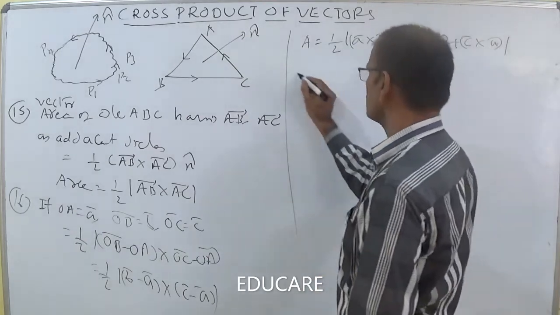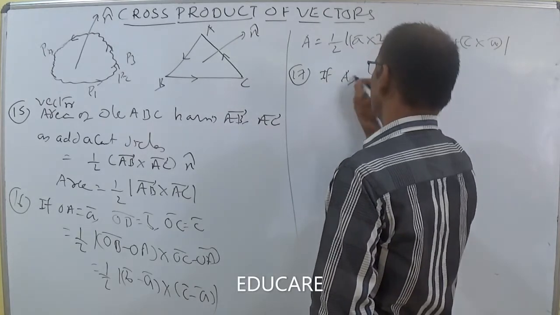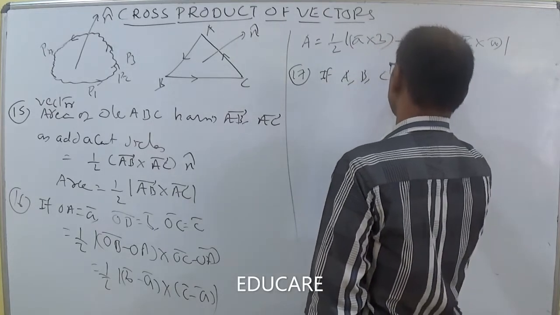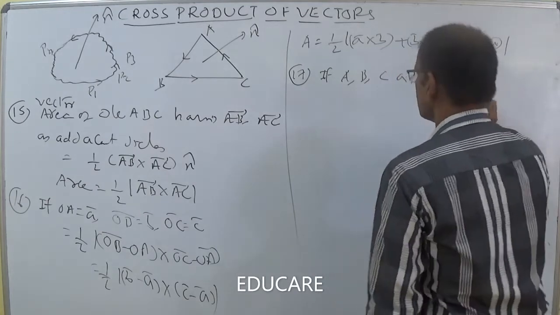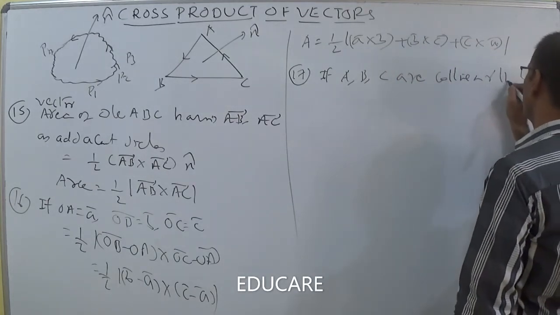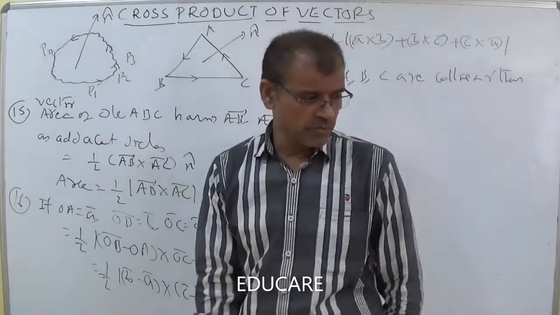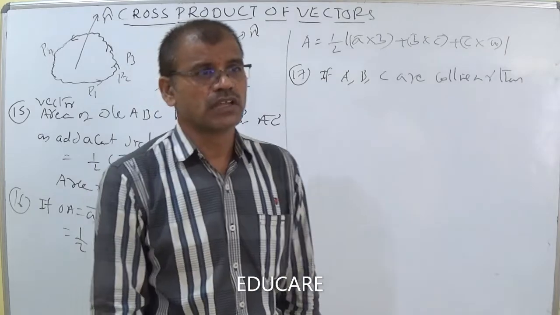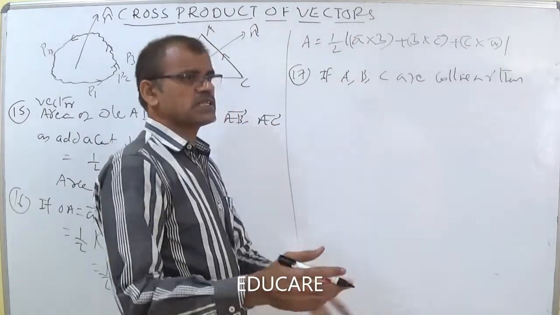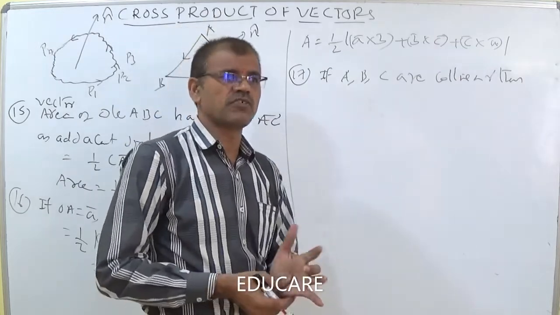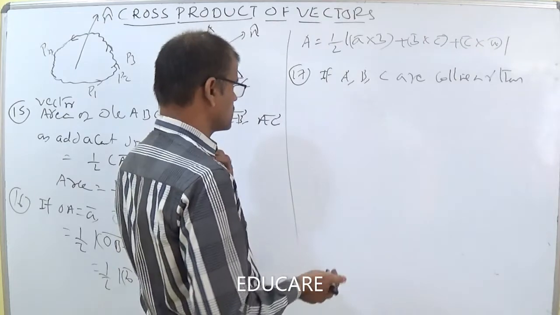Next, 17th point. If A, B, C are collinear, here also one concept is there. From 10th class we have learned that if 3 points are collinear, then the area is 0. Another concept is that slope of AB equals slope of BC, or slope of AB equals slope of AC, but here we cannot define such a concept.